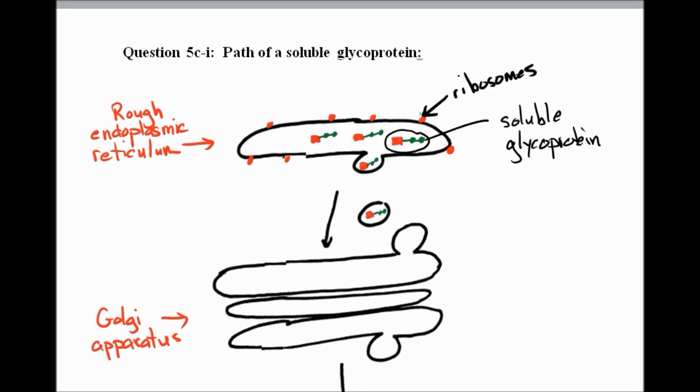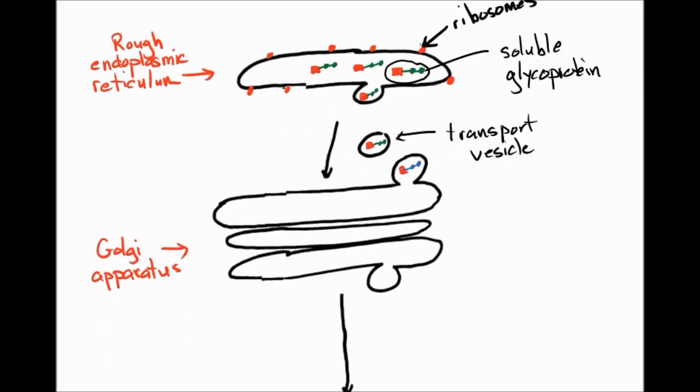Now this transport vesicle will then fuse with the membrane of the Golgi. And so what was inside the ER and then inside the lumen of the transport vesicle is now within the lumen of the Golgi apparatus.